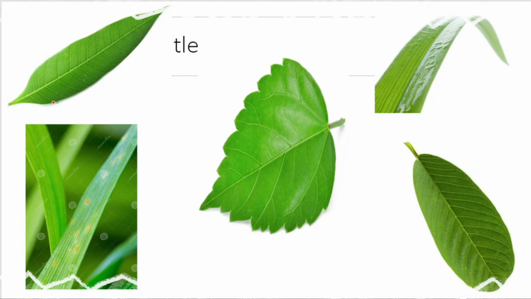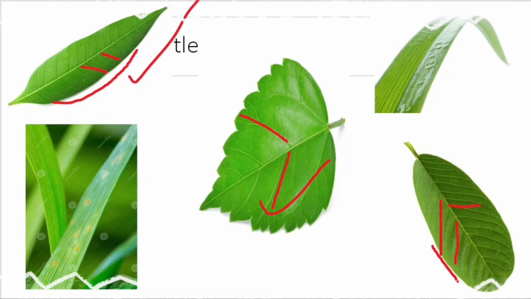So yeah, this pattern is going in an upright direction, and also in this leaf I can see the pattern is going upward, and also in this leaf I can see the pattern is the same. So okay, I'll mark the red color here on this leaf and this.